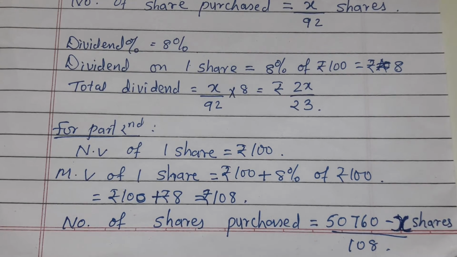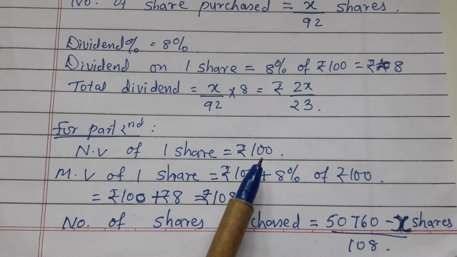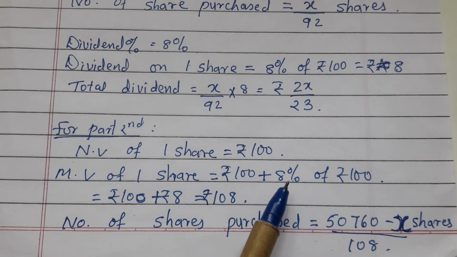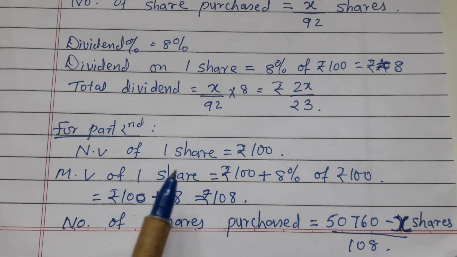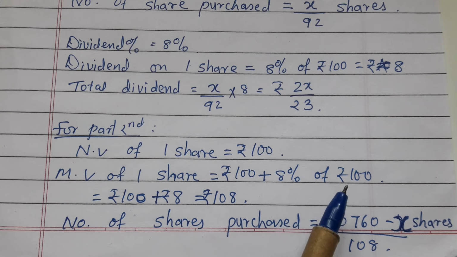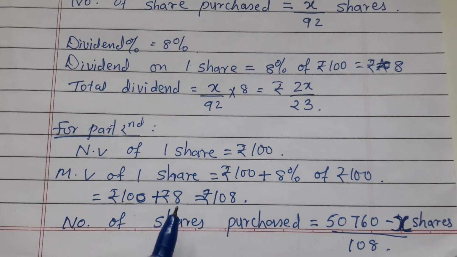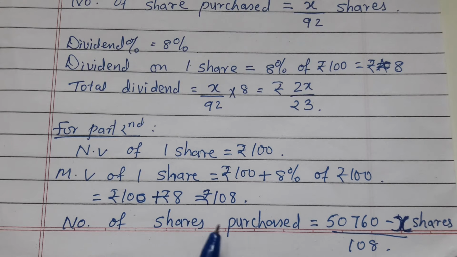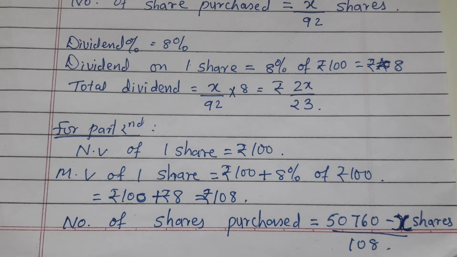For second part, NV of 1 share rupees 100, 8% premium, so market value is 100 plus 8% of rupees 100, that is rupees 8. 100 plus 8, rupees 108. Number of shares purchased is equal to 50,760 minus X upon 108 shares.